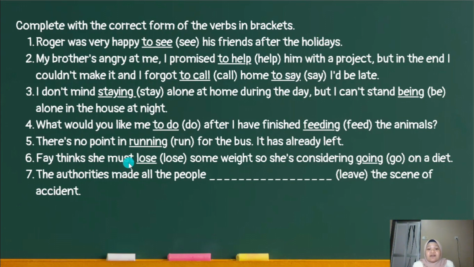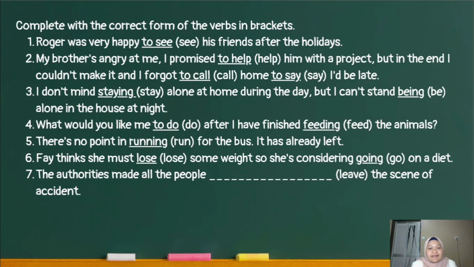Must is an auxiliary modal verb. Modal auxiliary verbs, which I have mentioned earlier, are should, shall, will, would, can, could, may, might, and must. So that is the answer.